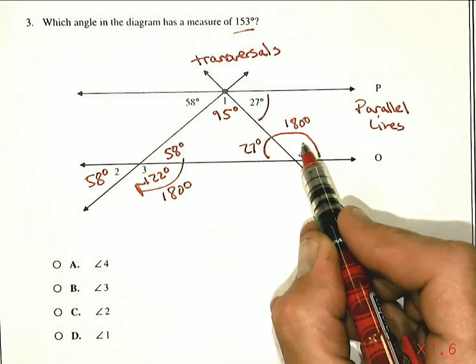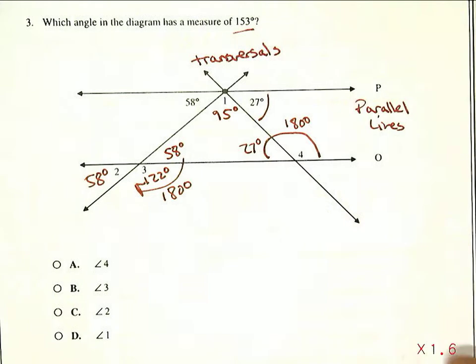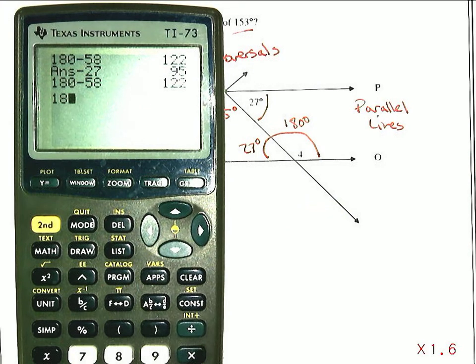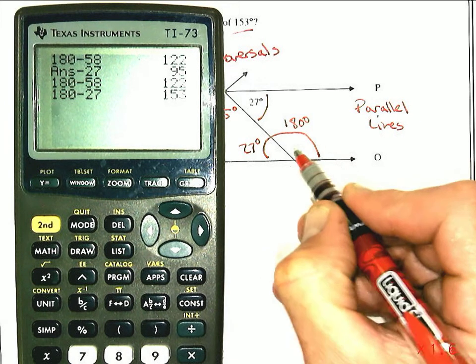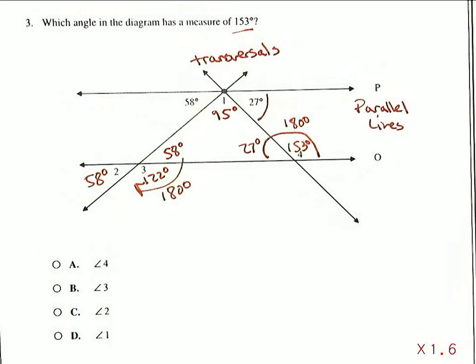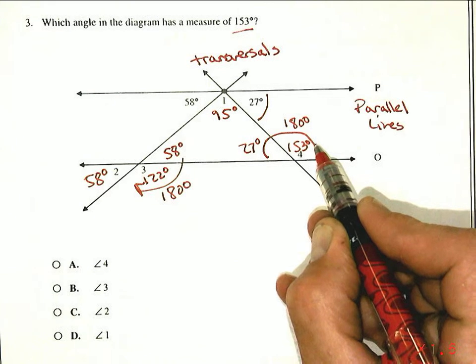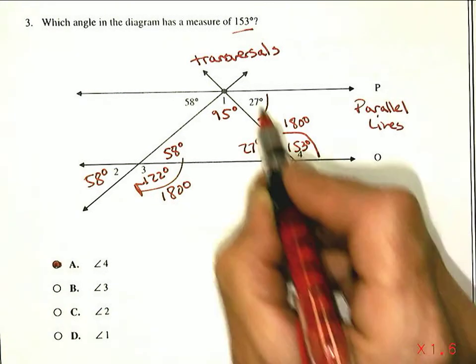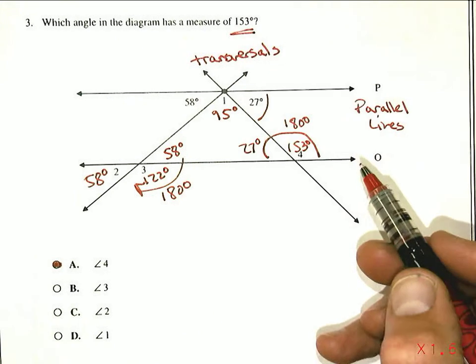And so if I take 180 degrees minus the 27, I will get 153 degrees for angle number 4, and that's the angle we were looking for. So the correct answer here is angle number 4 is 153 degrees.